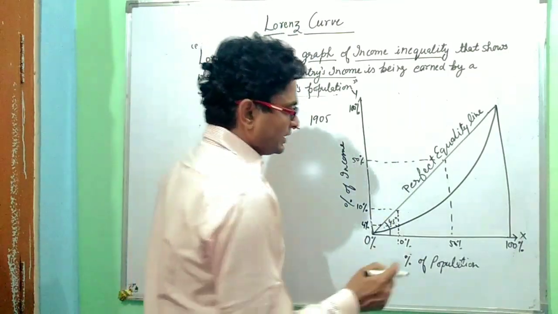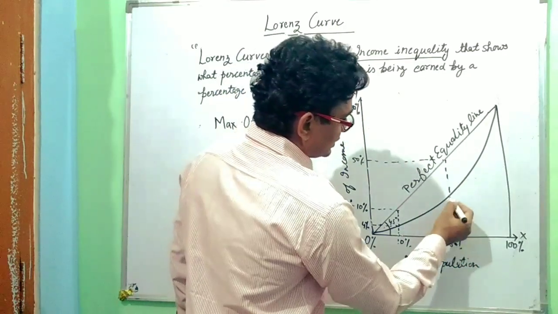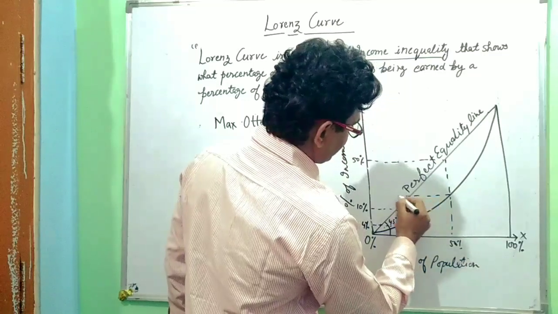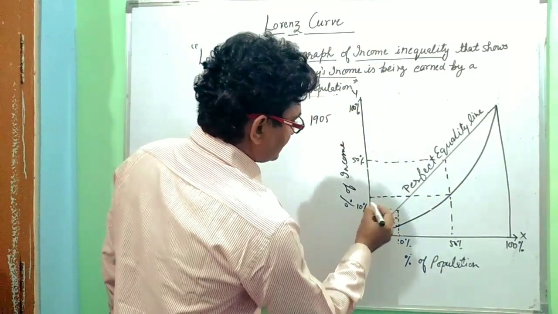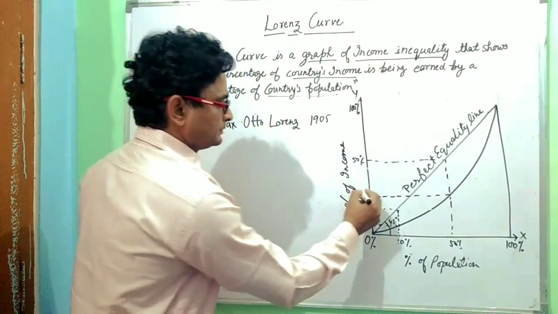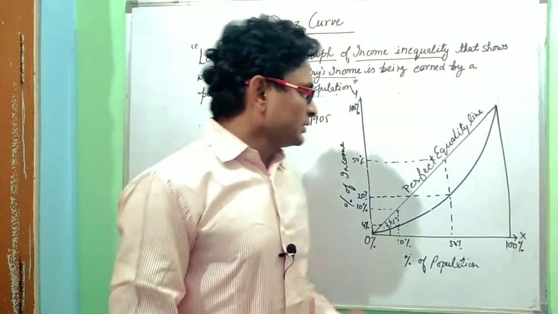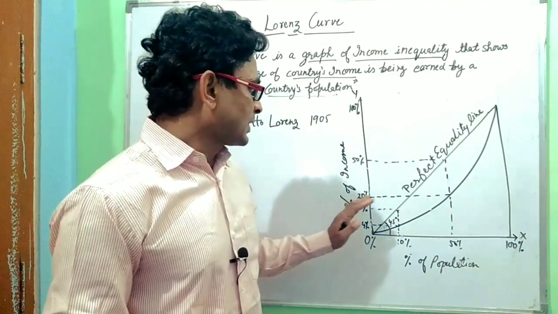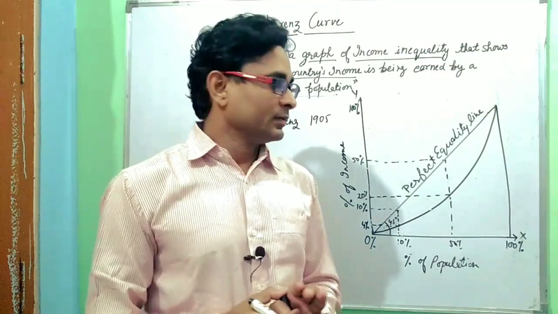In the same way, we can see here that 50% of the country's population has only 20% share in the national income. So in this way we can understand that Lorenz curve shows the inequality of the national income distribution.